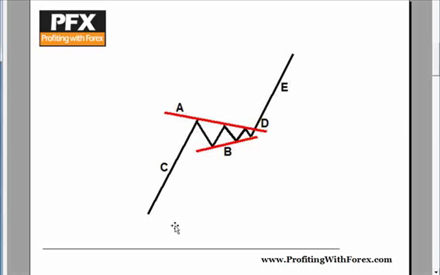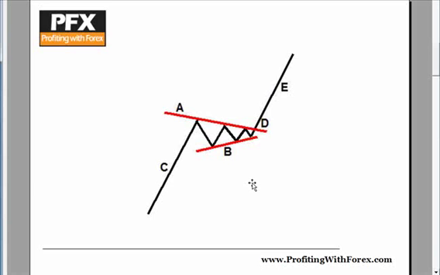So in this example of this bullish pennant, you can see that it was in an uptrend before it entered the price pattern, which is marked here by the red lines, and we see the trend continue after the formation of the price pattern.